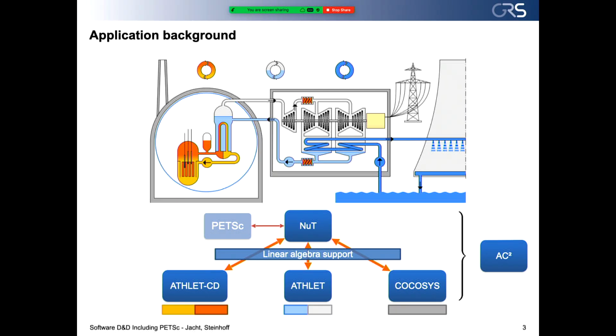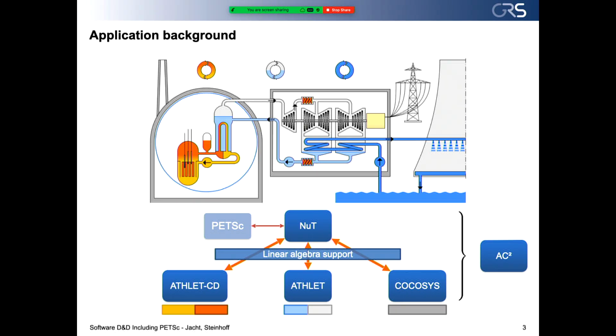It's usually much better than doing some field testing. And we have three programs here. The first one is more concerned with the primary coolant circuit. CD stands for core degradation, so even melting processes can be simulated by it. Then we have this ATHLET, which takes care mostly of the secondary coolant circuit.